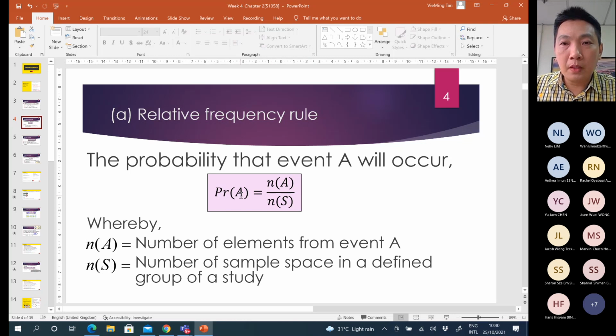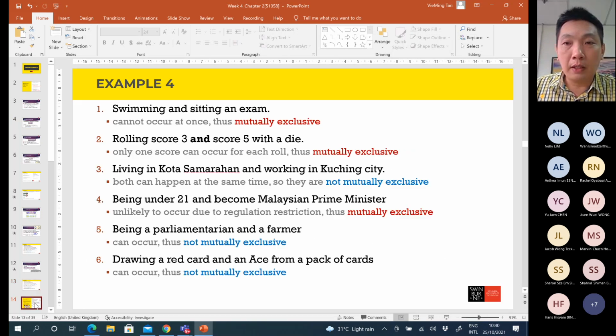Right? So now we have to identify n(S). n(S) means the total possible outcomes. Just now we already identified there are 4 possible outcomes. So you can put 4 as the denominator. How about the numerator? The numerator is 2 possible outcomes for 1 head and 1 tail. Okay, so we substitute the numbers into the formula now.